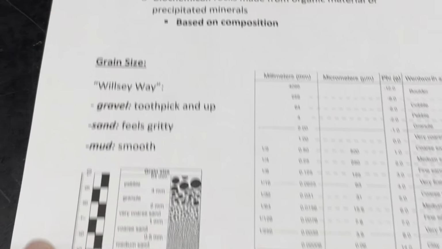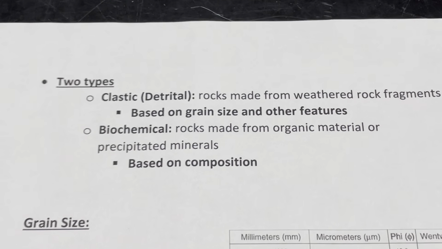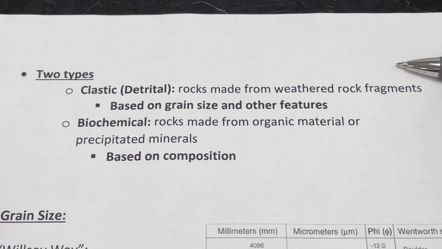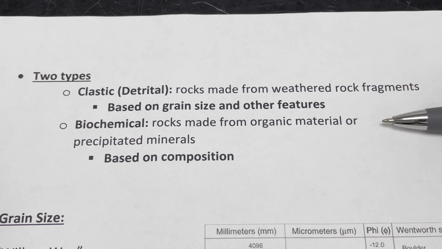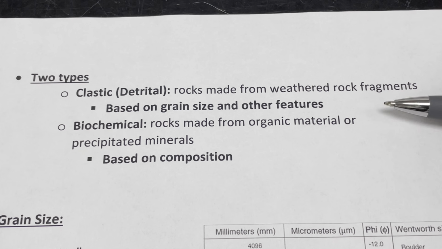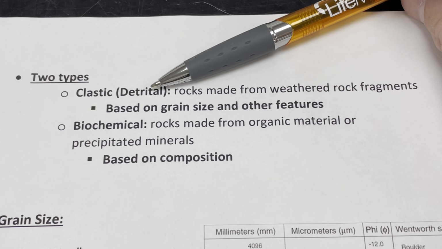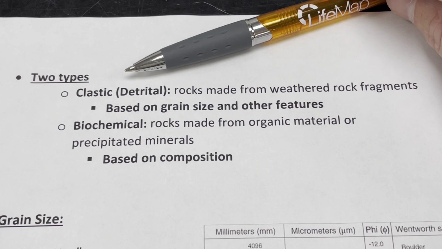Okay, so moving on. We're going to look broadly at two types of sedimentary rocks. So they get broken up into two groups, just like our igneous rocks were extrusive and intrusive. We divide our sedimentary rocks either into clastic, which is also sometimes called detrital. So the clastic rocks are rocks made out of weathered rock fragments.